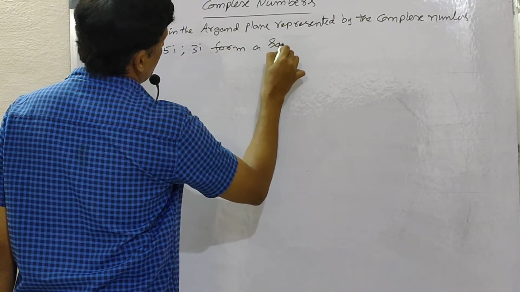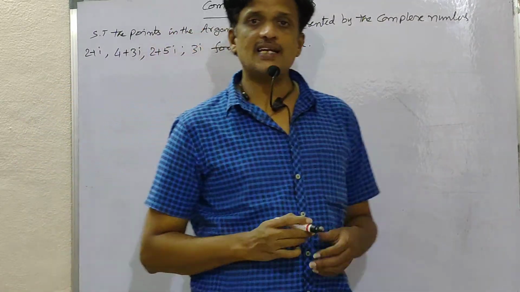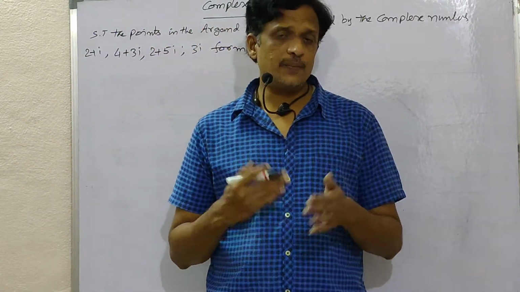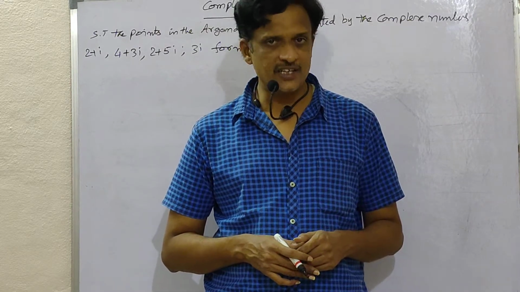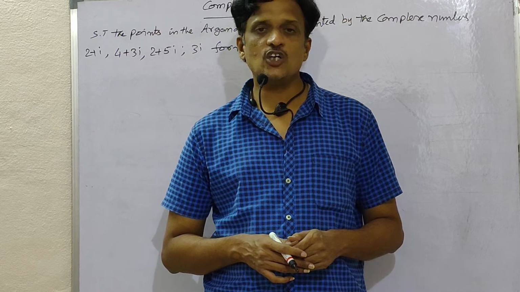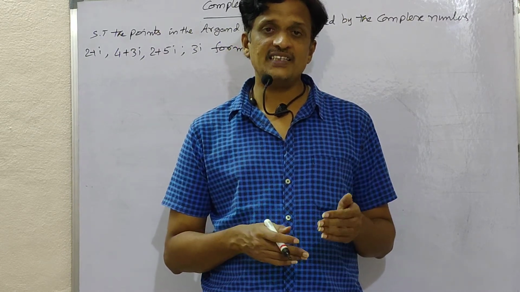Form a square. So 4 complex numbers are given here. Each complex number represents a point, means let A, B, C, D be the points represented by the given complex numbers. Now by joining these, we have to prove that the shape we are getting is a square.